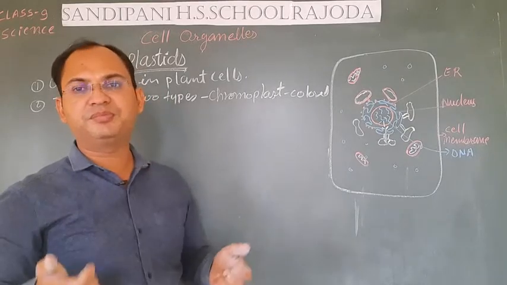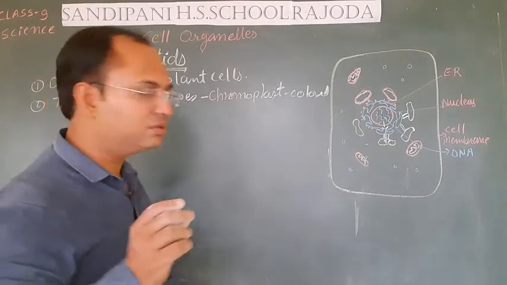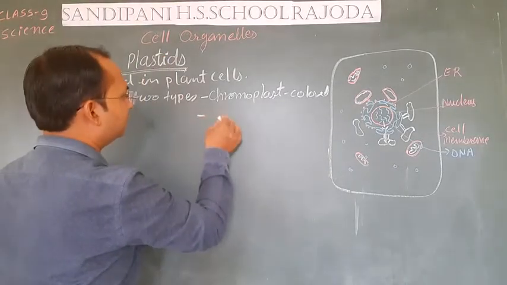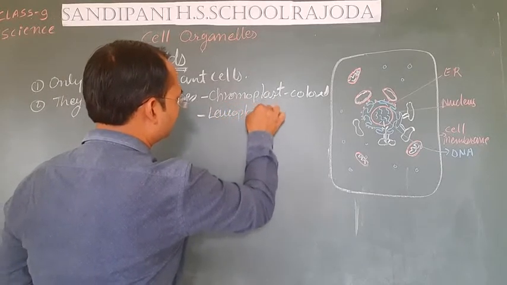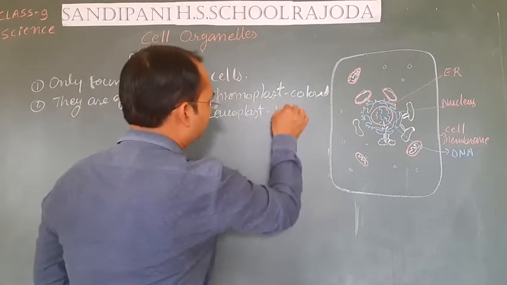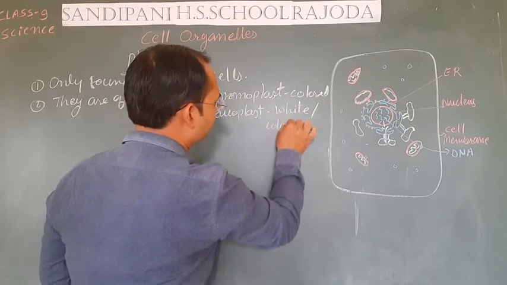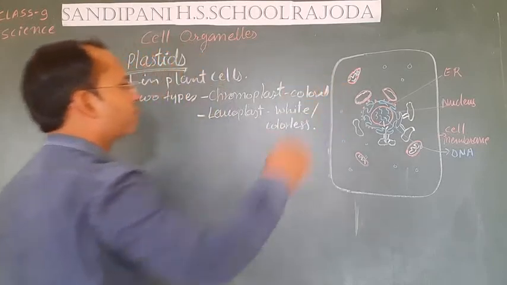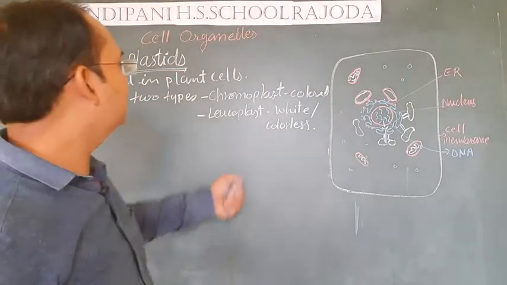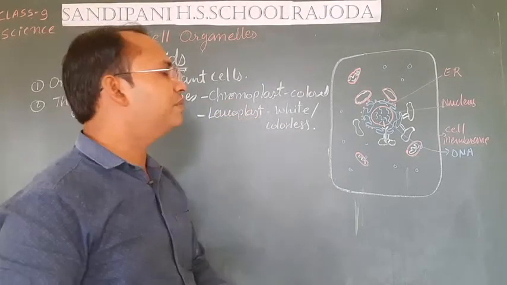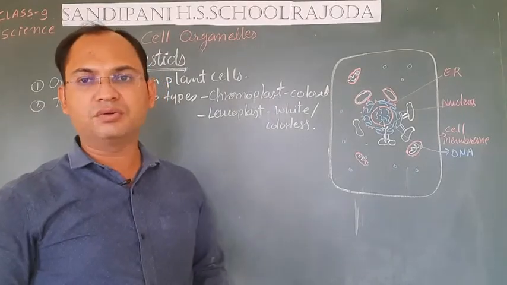All the colored plastids are included under the chromoplast, and the second one, which is white or colorless, we call leucoplast. But students, chromoplast sometimes contains yellow or orange color pigment also.